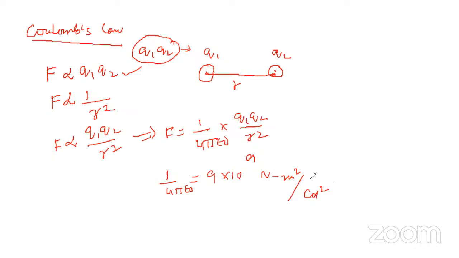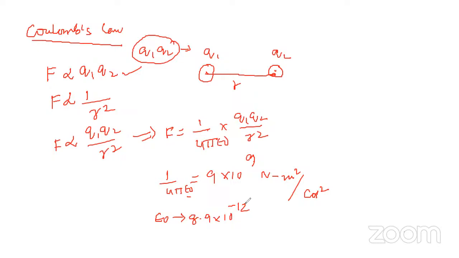And epsilon naught is the permittivity of free space, and its value is 8.9 into 10 to the power of minus 12 Coulomb square per Newton meter square.